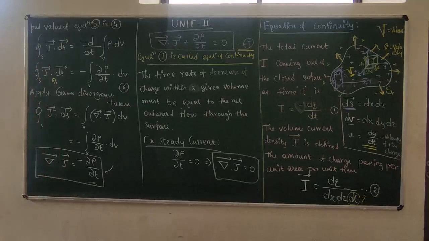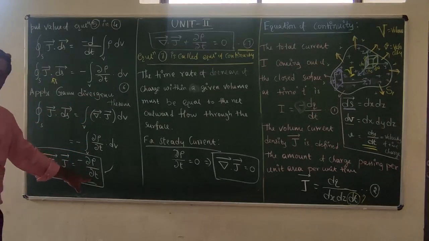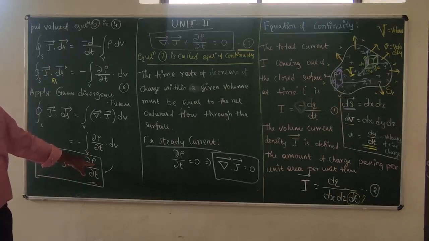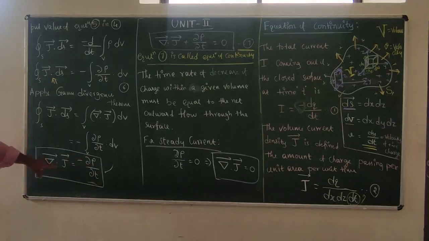That is why this minus sign is given. So we can say that the time rate of decrease of charge within the given volume is equal to the outward flow through the surface.